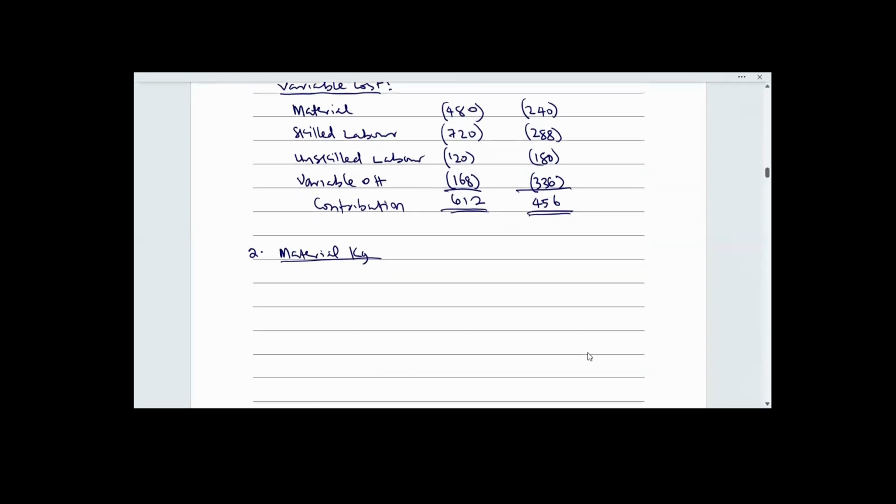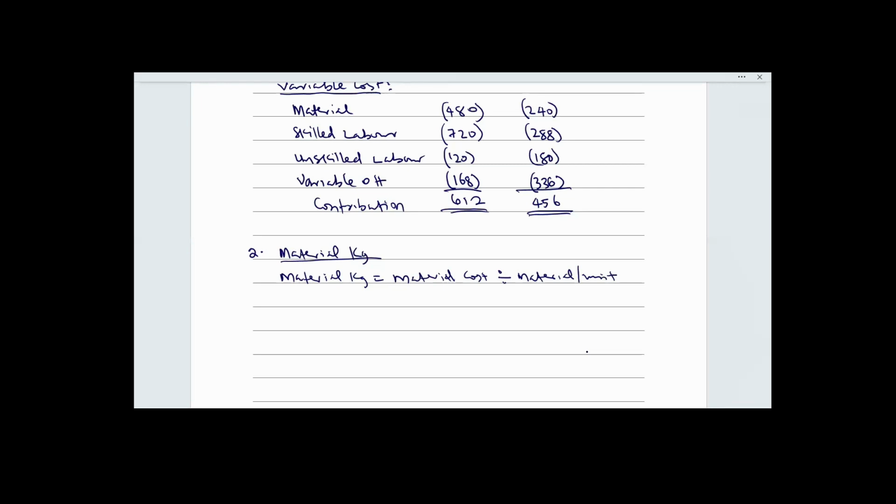Based on the previous formula, material kilogram is equal to material cost divided by material price per unit.